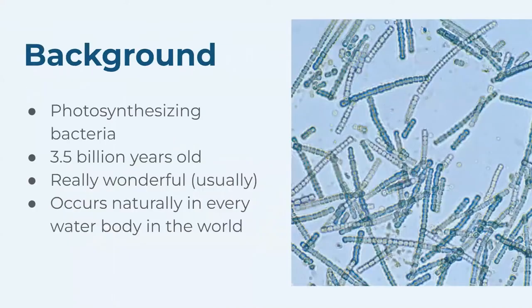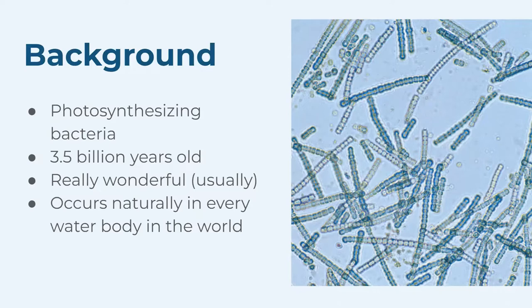Cyanobacteria is a really, really interesting thing. It is a photosynthesizing bacteria, and it's been on Earth for a long time. We have found fossils of cyanobacteria that date back to about 3.5 billion years ago, so one of the very first forms of life. In general, cyanobacteria has been pretty incredible and wonderful for the Earth.